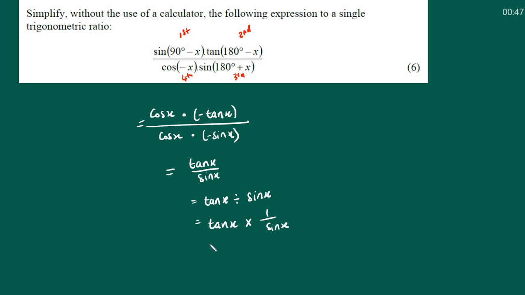And then remember the tan, you can write it as sine x over cos x. So I tried to use a different view there for you to still see that we get to the same answer. All right.